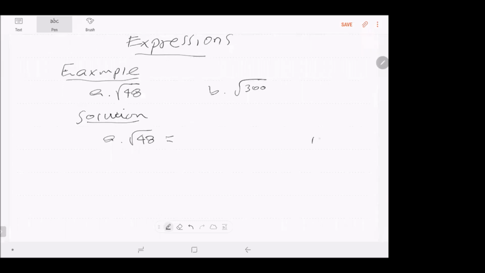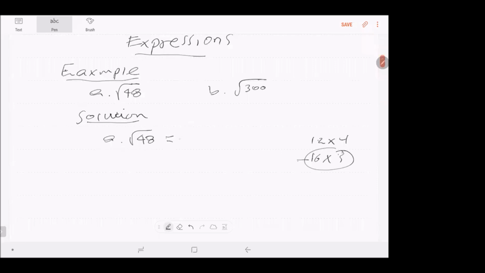We can say 12 times 4. We can say 16 times 3. It's possible. But when you write the given radicand as a product of one perfect and one non-perfect, the non-perfect part must be in the last simplified form. So for that reason, we choose this possibility.